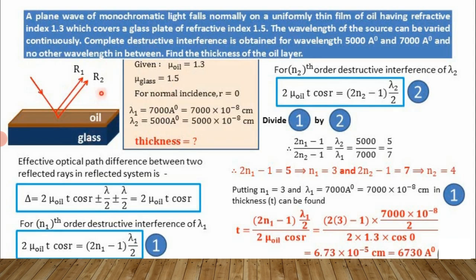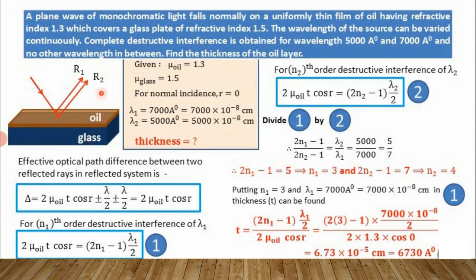The effective optical path difference for reflected rays in the reflected system is therefore delta equal to 2 mu T cos r plus or minus lambda upon 2, which is equal to 2 mu oil T cos r, that is, 2 multiplied by refractive index of oil, T, cos r.